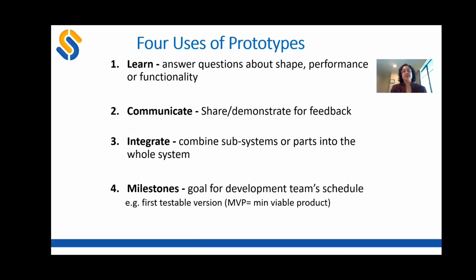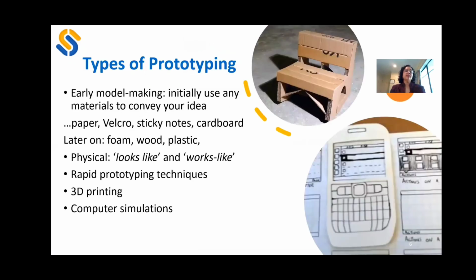The different types of prototyping. In design thinking, we use very simple prototypes or simple mock-ups, as I've shown earlier as well, with that surgery example where they just make a little prototype out of a pen and some sticky tape. And you can use just paper prototyping, or Velcro dots or sticky notes, or cardboard, like here, you've got a cardboard bench.